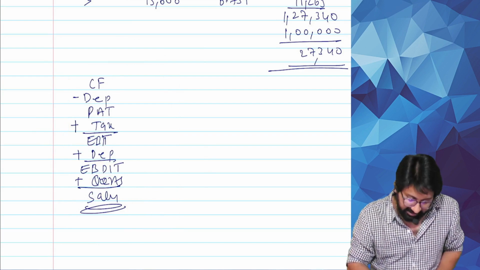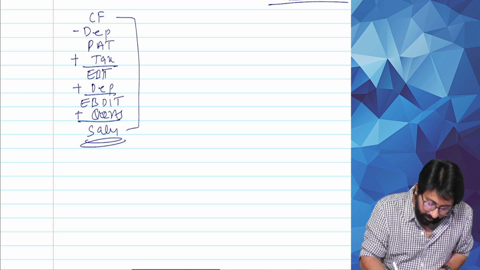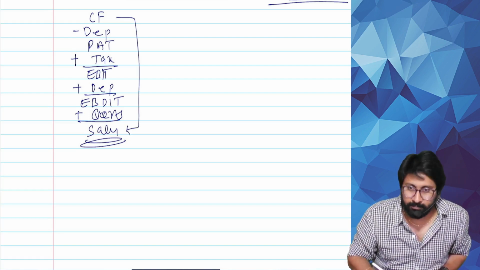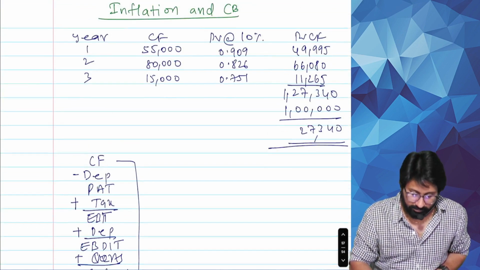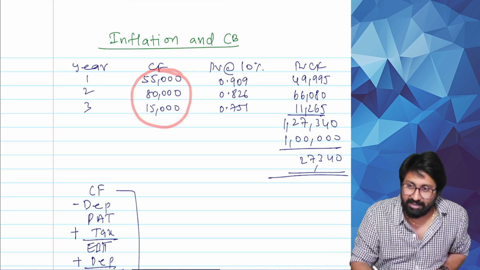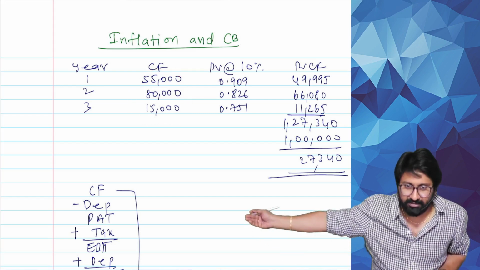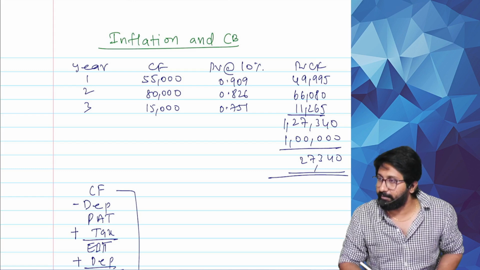Now the question starts. Cash flow comes from 1 year, 2 years, 3 years. Here, how many years of information are we taking?